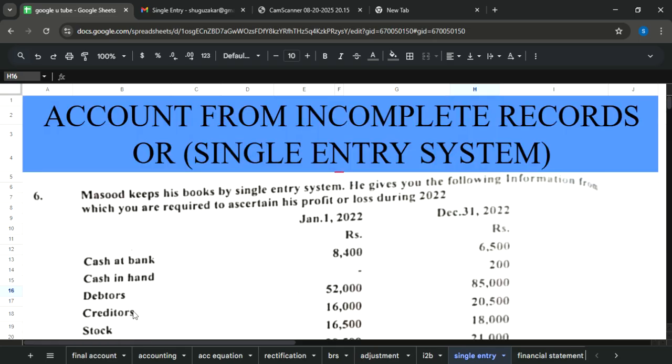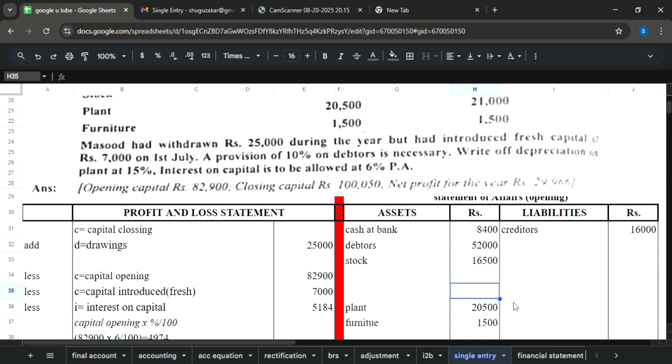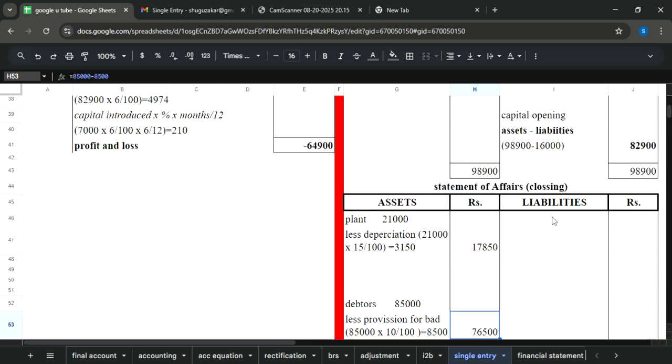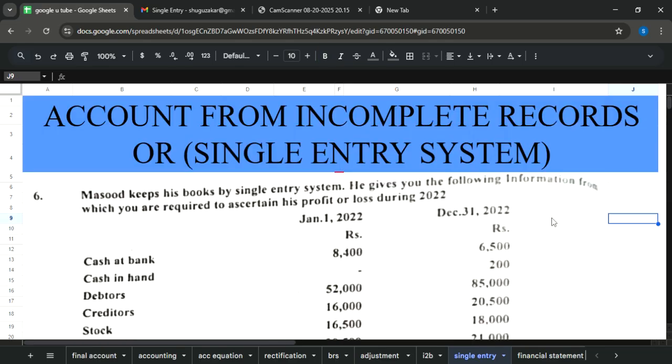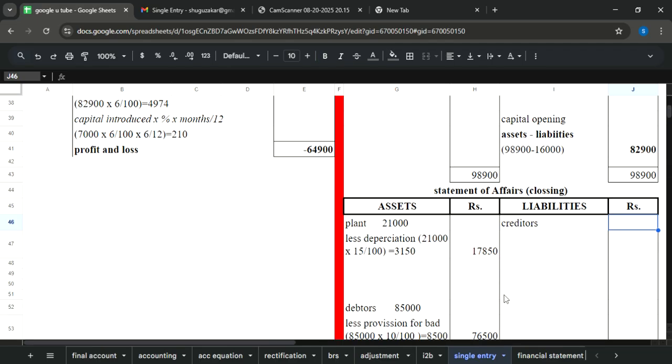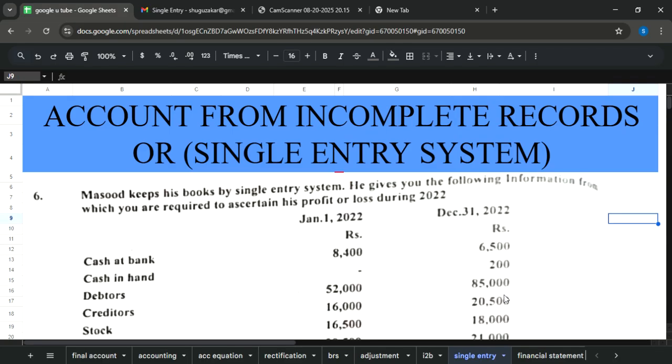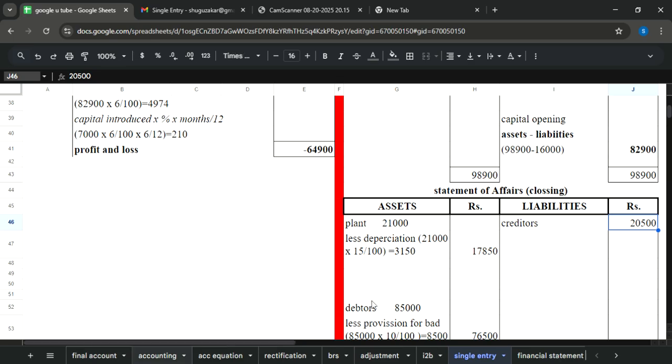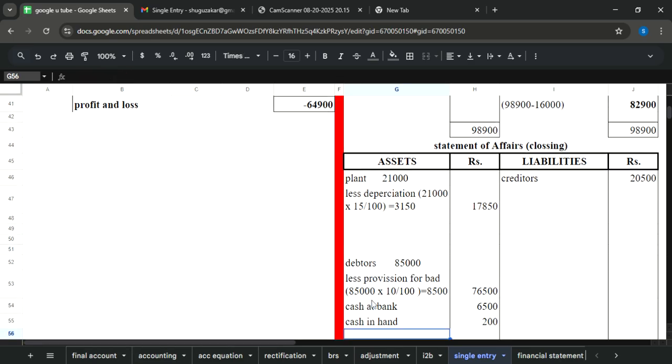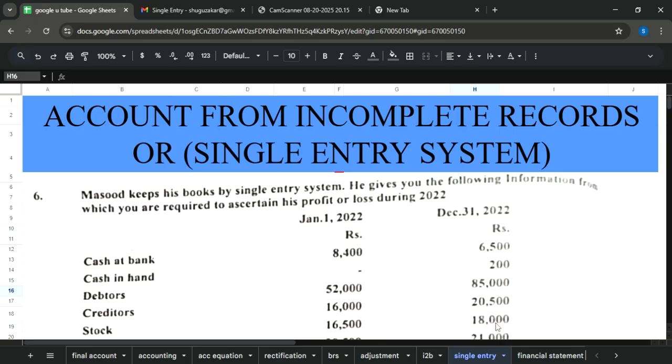Then we have creditors 2,500. So you will be writing the amount of creditors in the closing liability side. Amount of creditors mentioned 2,500. Write down in front of creditors in the closing liability side. Creditors done. Then we have stock, which is your asset. So you will be writing this stock in the current asset side. Amount of stock is 18,000.